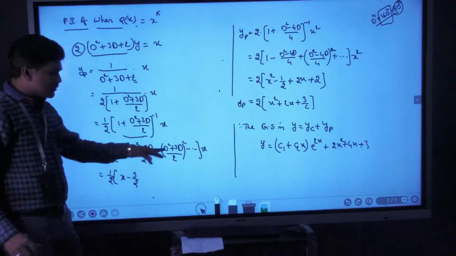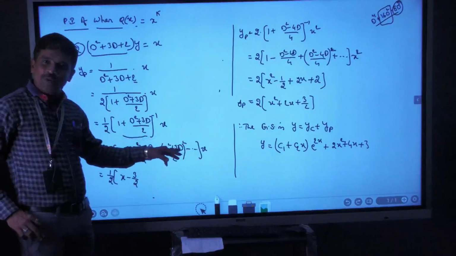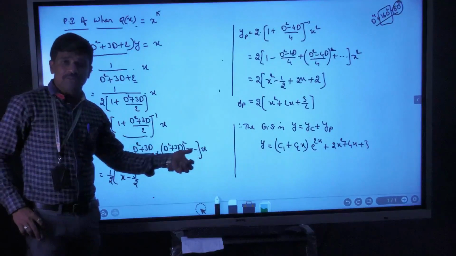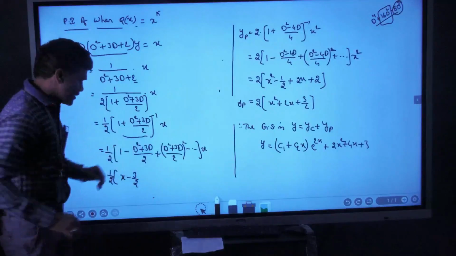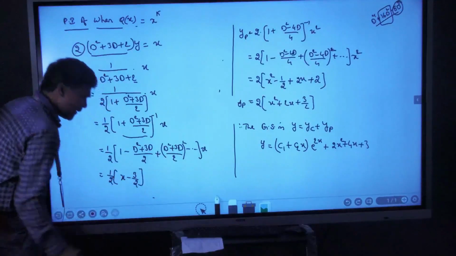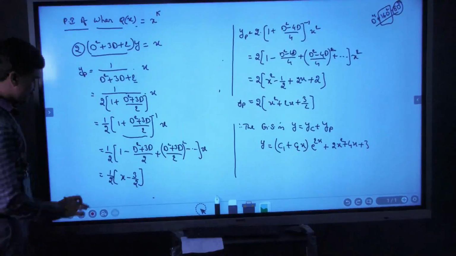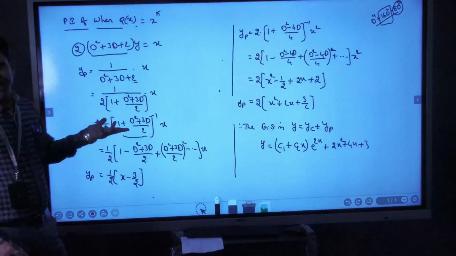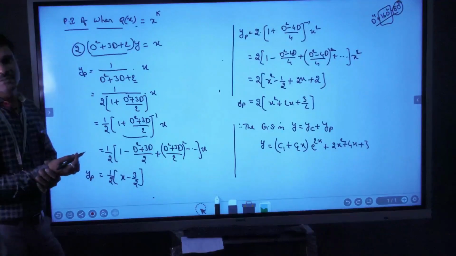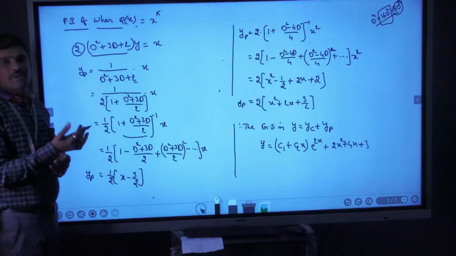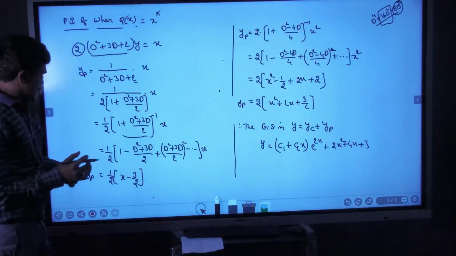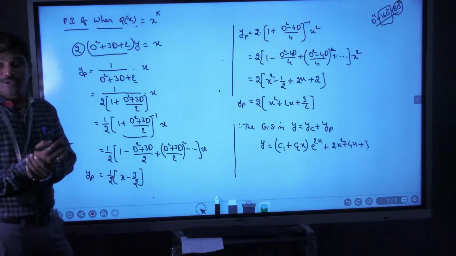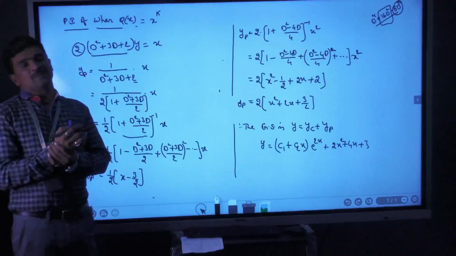The next terms, d power 4, d cube and d square, all are clearly 0 after multiplying with x, right? That's why we take only up to d terms. So this is the particular integral. Then finally write the general solution y is equal to yc plus yp for every problem, right? So this is the particular integral when q is equal to x power k.